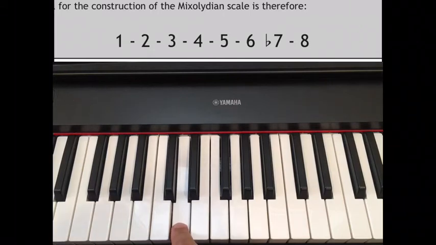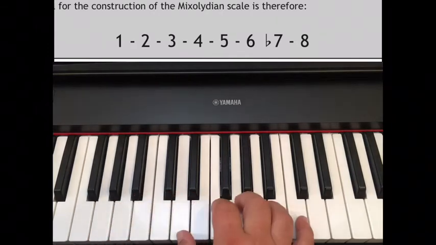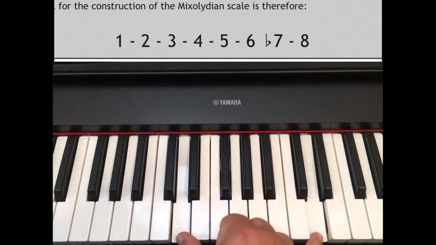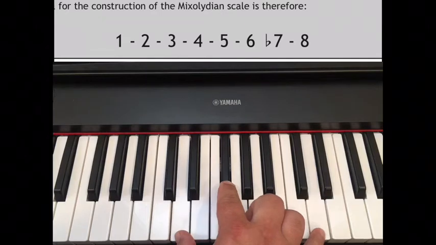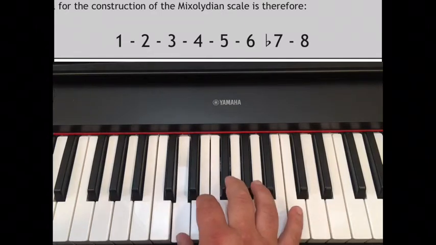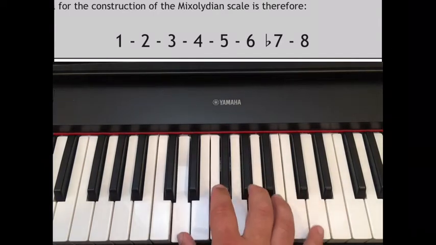Mixolydian means scale degree 5. So D is scale degree 5 of what major scale? G major. So I'm going to go from D to D using the key signature of G major, which has, of course, only 1 sharp. So a D Mixolydian mode would be this.